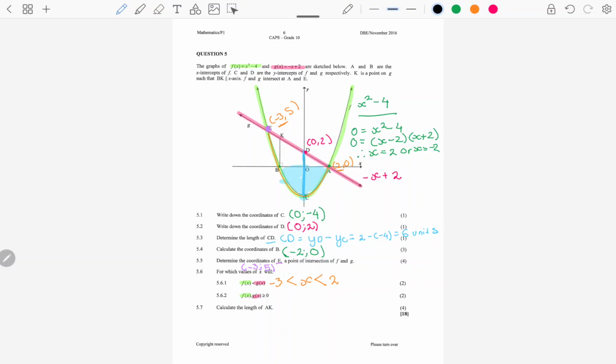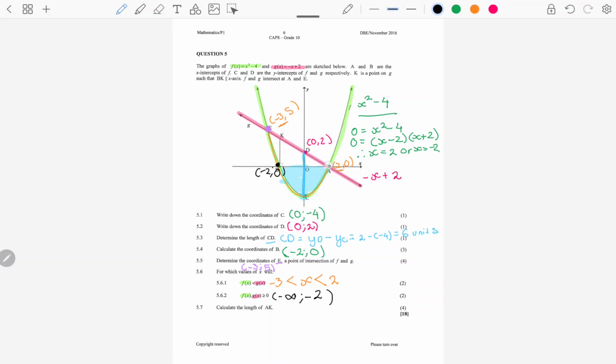So as we can see from this graph, it's from this point here at B till negative infinity. So let's write that, negative infinity till negative 2, because that point there is negative 2 comma 0. And we're looking at the x values.